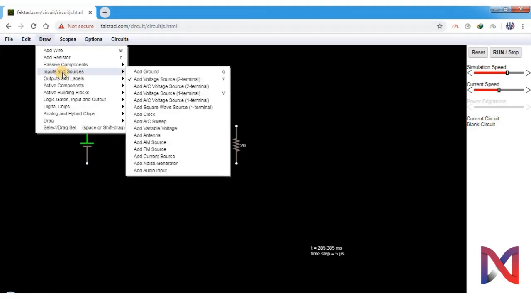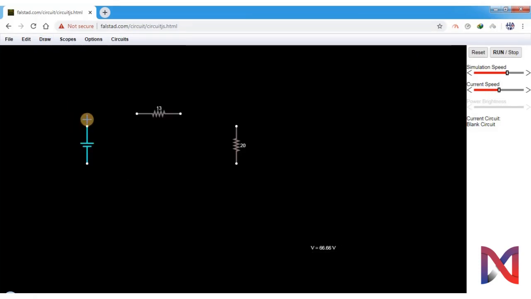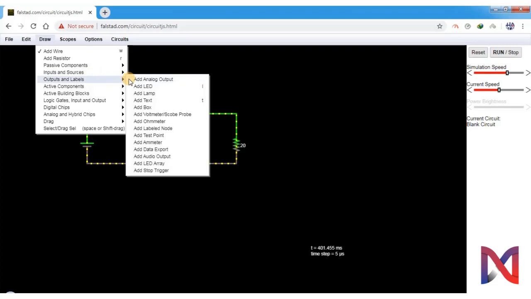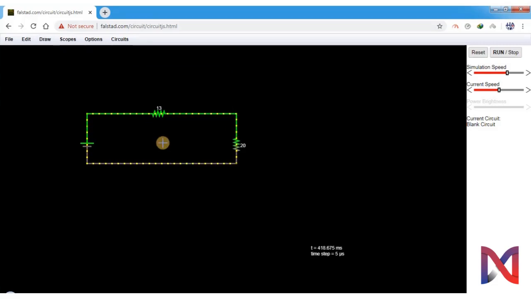We will connect the circuit. Our circuit is complete except that we have to add ground. Now our circuit is complete.